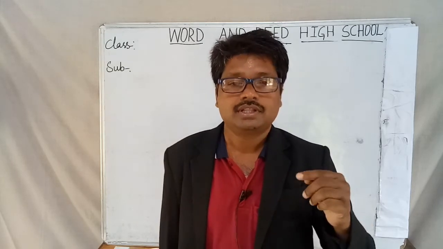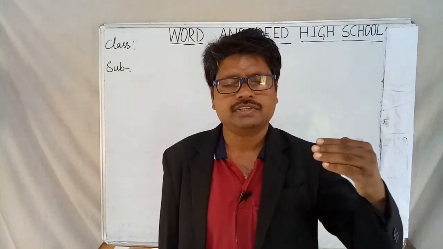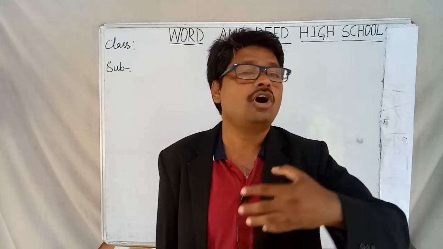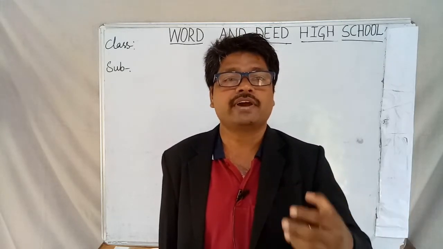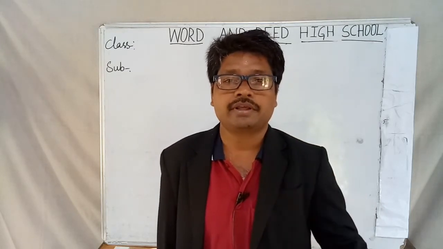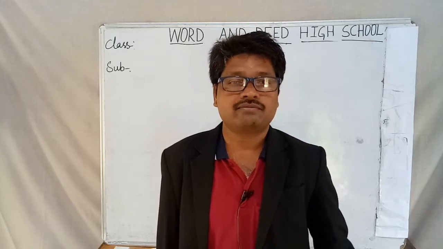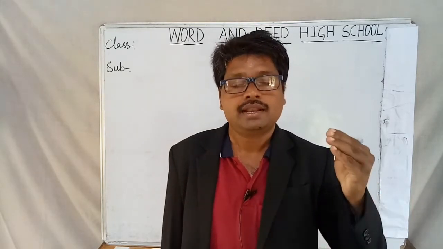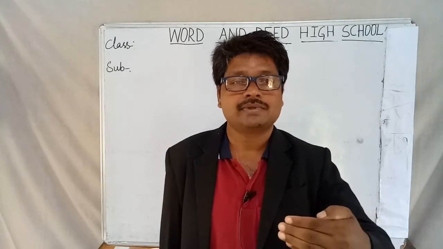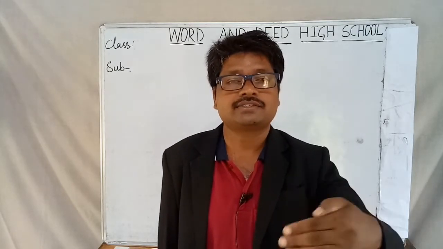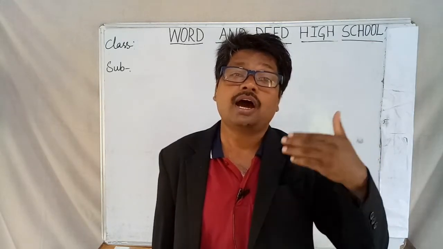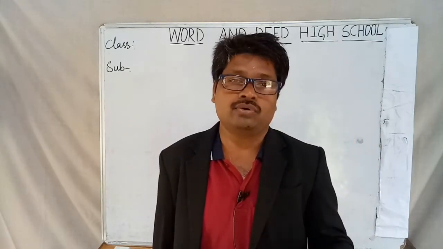Animals have different body parts, but not all body parts are involved in finding food. Only some parts of their body are involved. Let me give you the names of some animals, and let's find the food that they eat and how they find their food.